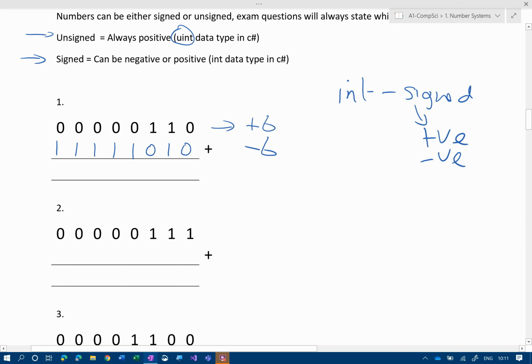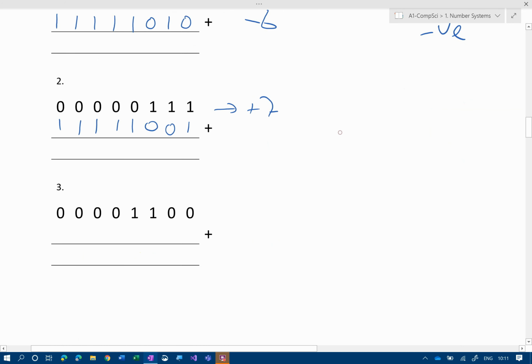Okay, this number here is plus 7. Below it, I'm going to write minus 7. Now I've got a little rule in there I'm going to be dealing with. This number here is plus 12. I'm going to write minus 12 below it.